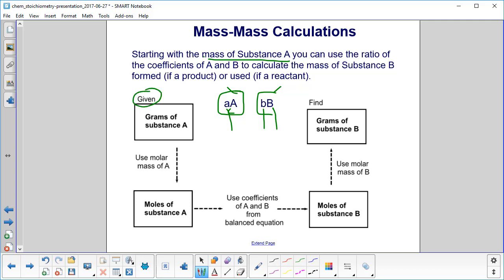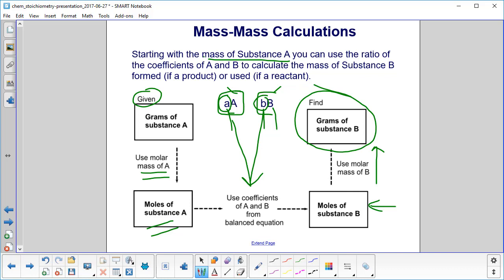We're given grams of substance A. We use the molar mass of A, which we get from the periodic table where it shows the AMU, and replace AMU with g for grams. That tells us how many moles of substance A we have. We then use the coefficients, here that's the little a and the little b, from the balanced equation, and we find how many moles of substance B we have. Then we find the molar mass of B from the periodic table, and we have the grams of substance B.